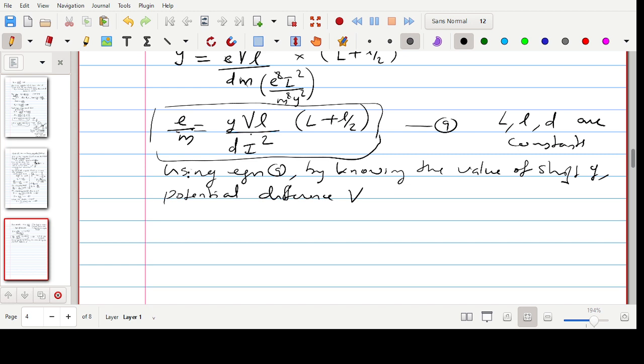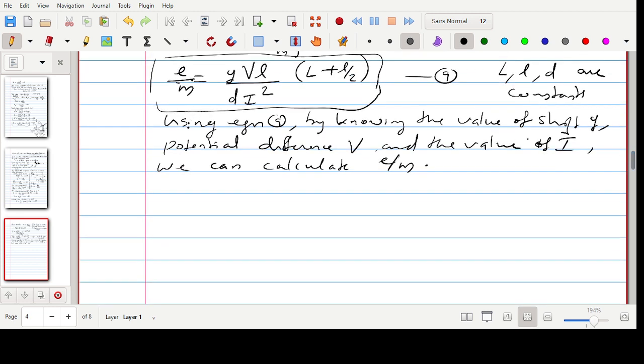Then you need to calculate y, V and I. Y and V you can directly measure, and the value of the double integral I, we can calculate E by m, provided these two y and V we can measure by experiment.